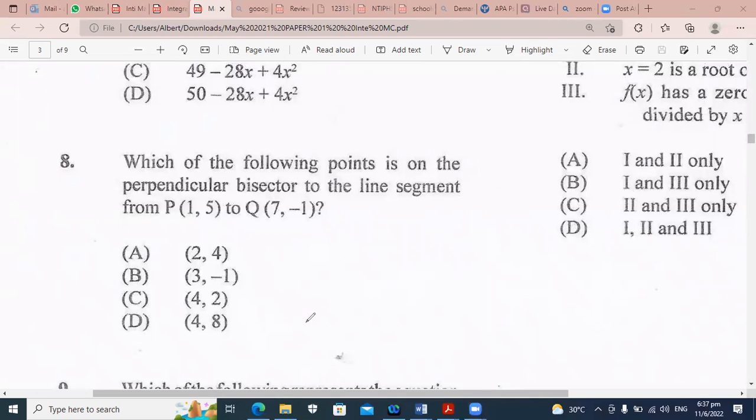We have a line segment, P and Q, and those are the points (1, 5) and (7, -1). It's talking about the perpendicular bisector. The bisector is at the midpoint, true?